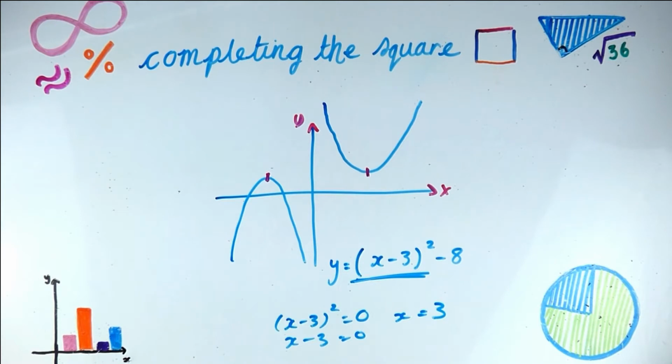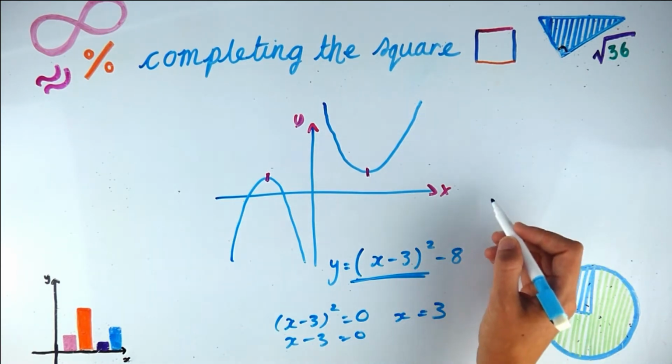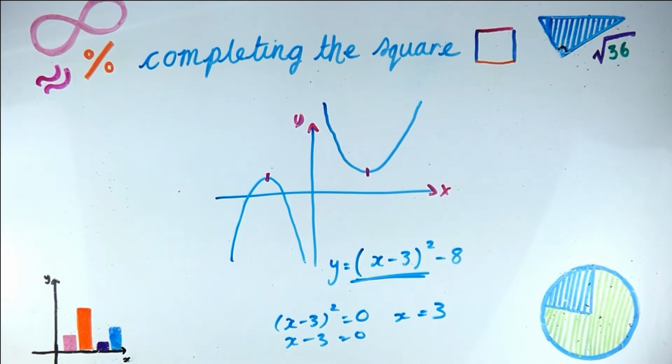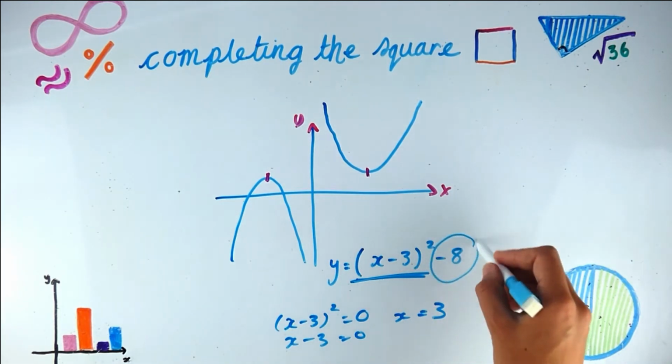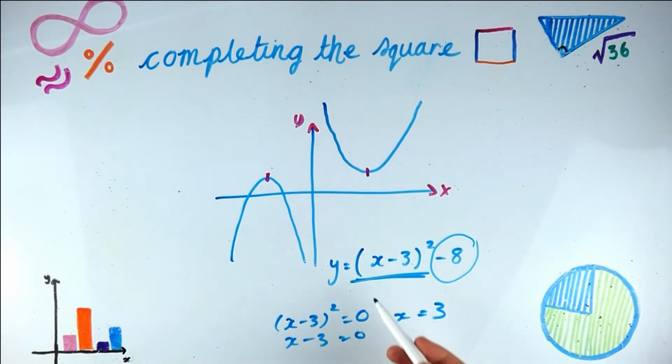So the x coordinate of this turning point is going to be 3, and then the y coordinate is always going to be the c number, because if you put the bracket as 0, then y is minus 8. So the turning point here is 3, minus 8.